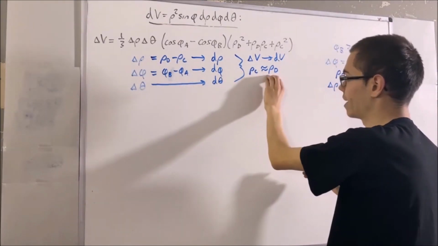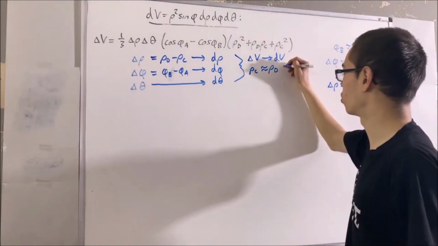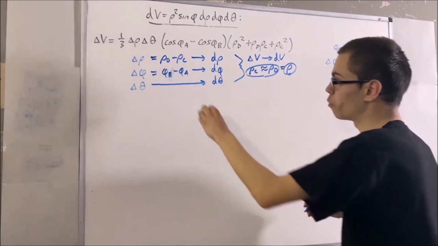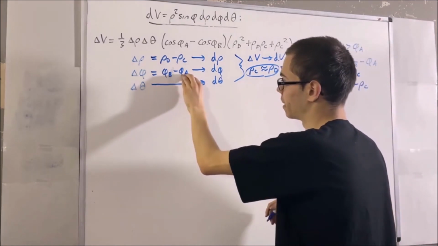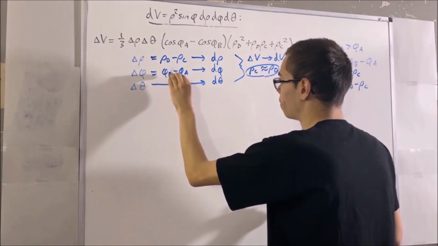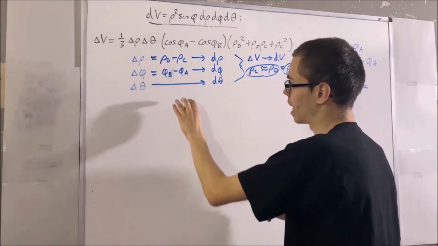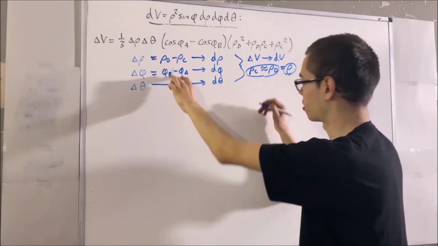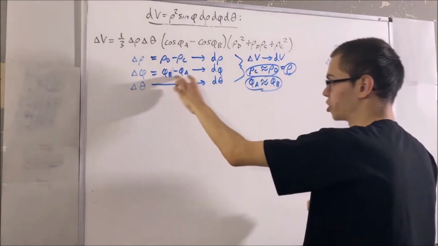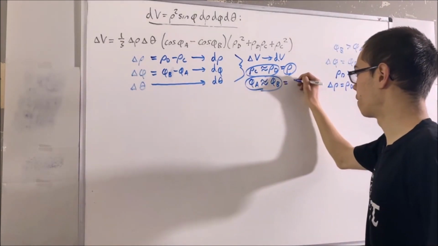And since these radii could be anything, in general, we're just going to call it rho. Same thing for phi sub b and phi sub a. Since delta rho becomes really small, the difference between phi b and phi a becomes really small. As a result, they're approximately equal to each other. And since these angles could be anything, we'll just call it phi.